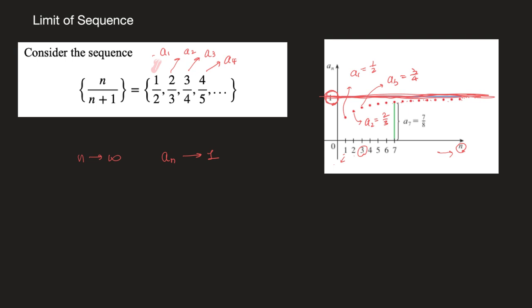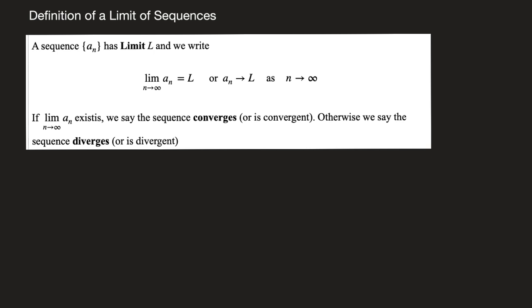Let's give the formal definition of the limit of a sequence. The sequence An: A1, A2, A3, and so on. The sequence keeps going. N keeps going, each term keeps going. What happens all the way?